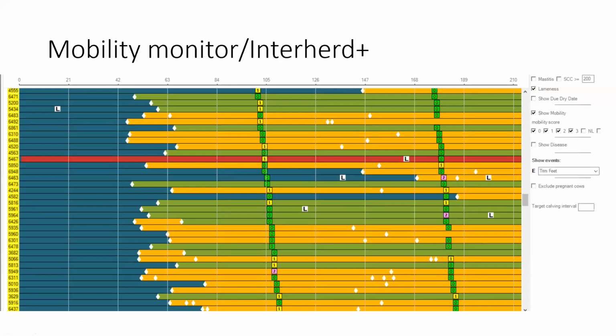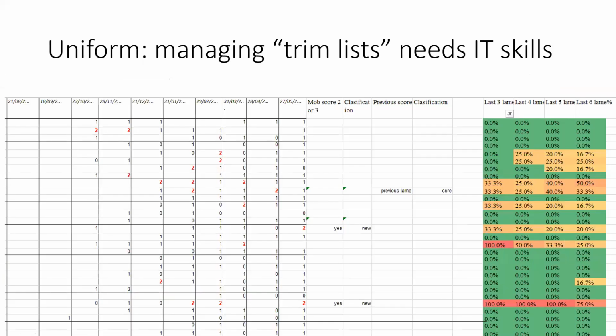And of course, I know it's not the only way that this farm was detecting lame cows and recording lame cows, but this is, for me, quite a good way of going forward. Now, this is a farm that is religiously scoring cows on a weekly basis, but recording cows on a monthly basis, and entering those scores onto Uniform to generate their trim lists.